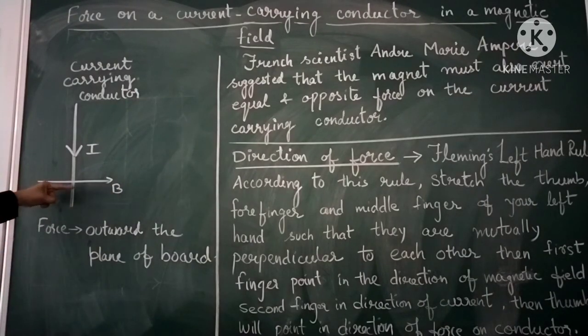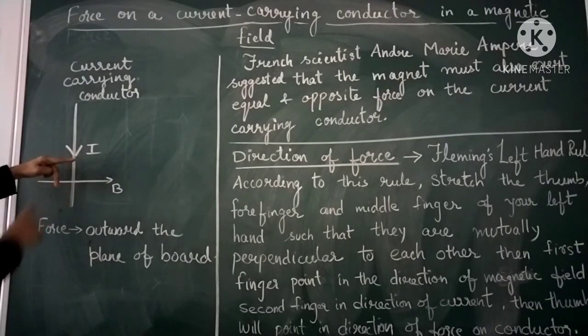So if I put my first finger in this particular direction, it is pointing in the direction of the magnetic field. This is the direction of the current because it is coming down. So this is making 90 degrees. And now if I stretch my thumb such that it is again making 90 degrees, then the thumb is pointing outward from the plane of the board. So that means the force will be exerted on this conductor in the outward direction.